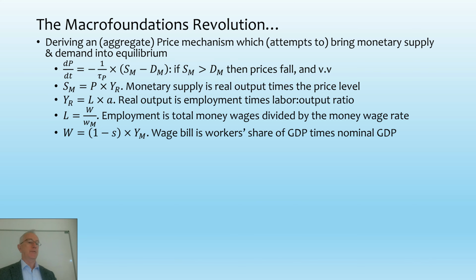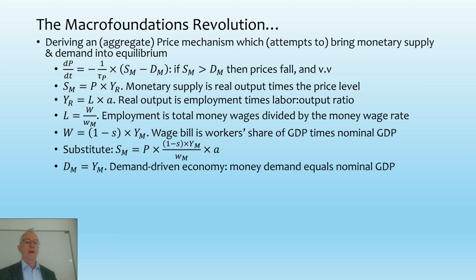And the wage share of GDP is the fraction of GDP that wages get. So I'm using S to represent the share going to capitalists in terms of gross profit, so 1 minus S times monetary output goes to workers. Now, if you substitute all that into the expression for the monetary value of supply, and then say you're living in a demand-driven economy, so monetary demand is equal to GDP, you get an equilibrium expression.